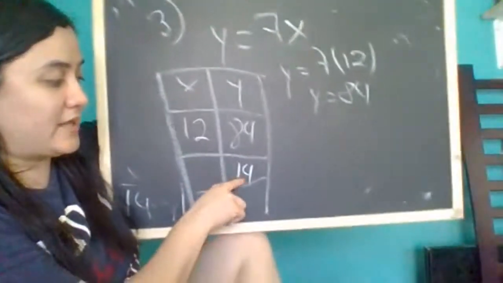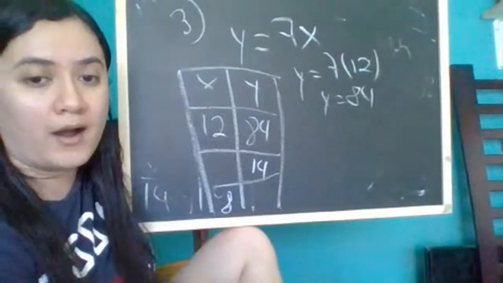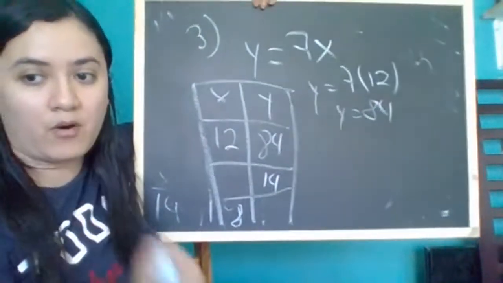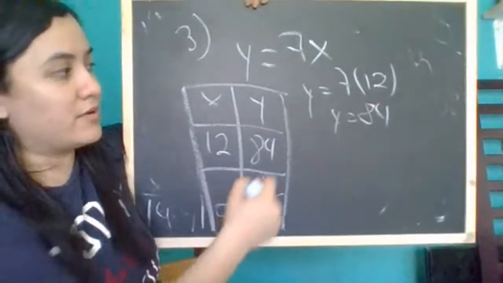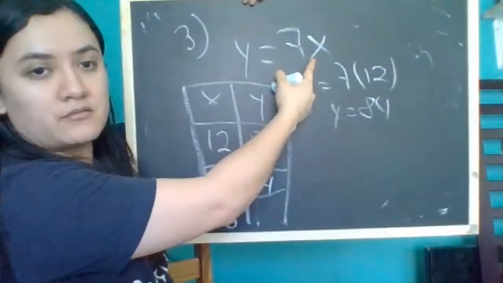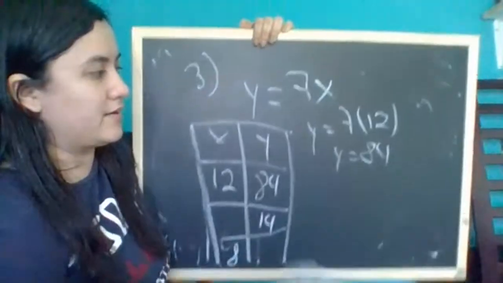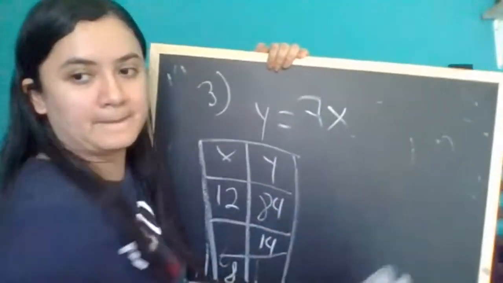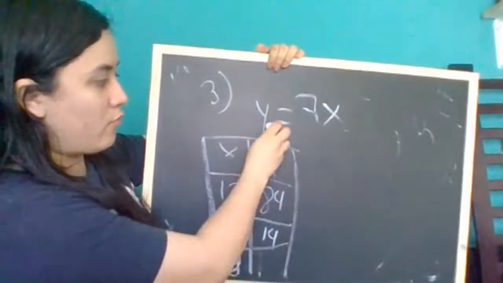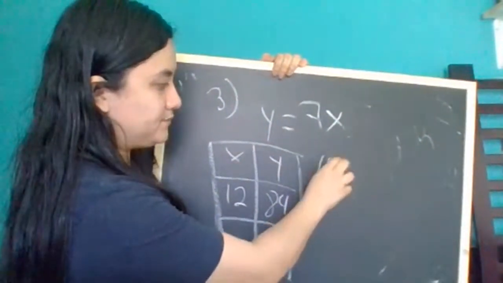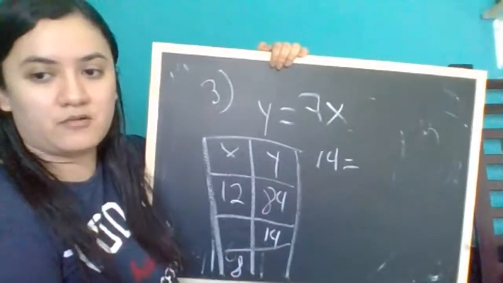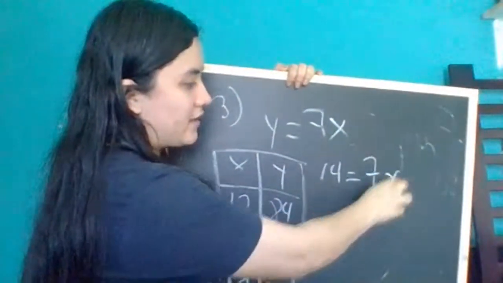Now, in the next one, they give us the value of y, right? So instead of substituting in x, we're going to substitute in y. y will be 14 equals 7x.